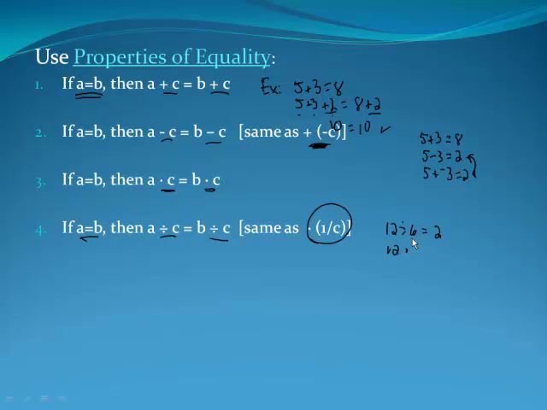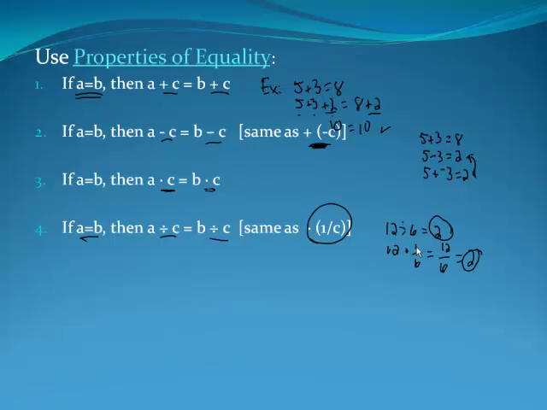That's the same as saying 12 times, instead of dividing by 6, we multiply by its reciprocal. The reciprocal of 6 is 1/6. 12 times 1/6 is the same as 12/6, and that of course is still equal to 2. Same answer either way.